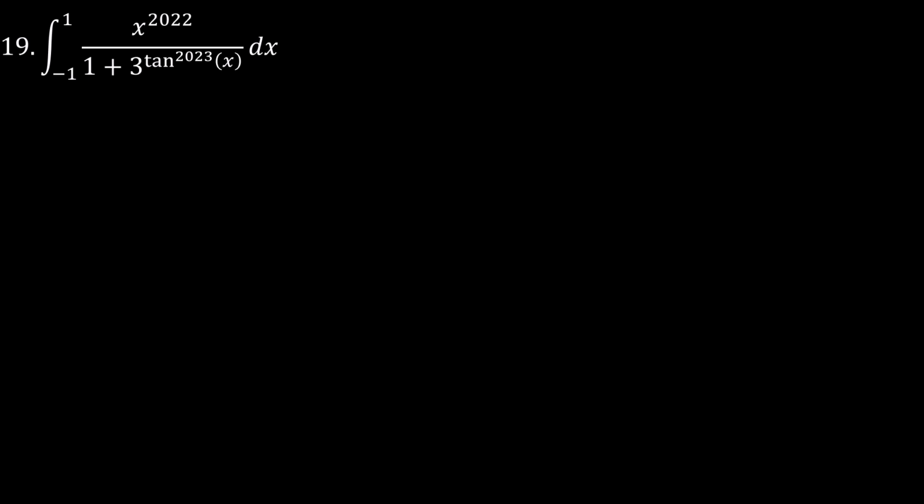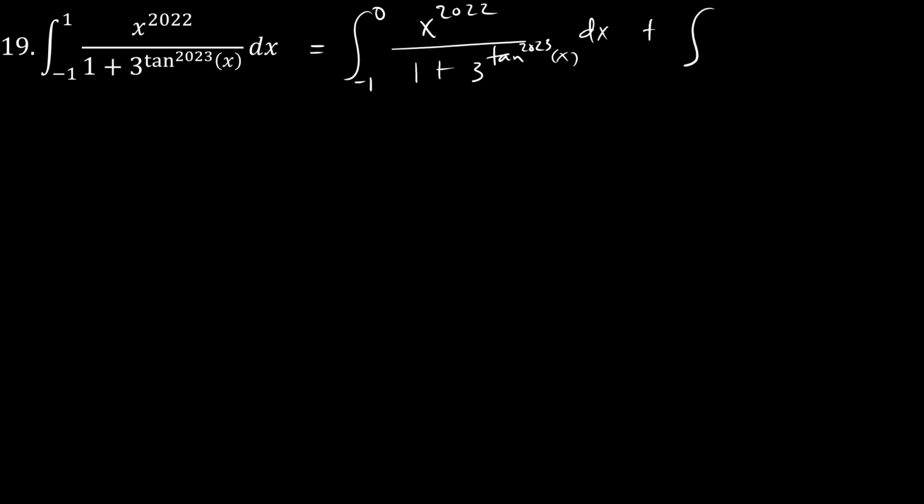So when you have this problem that kind of asks you to figure out the symmetry relationship about 0 of this function, all you'll need to do is split it into 2: from x equals -1 to 0 of x to the power 2022 over 1 plus 3 to the power tan to the power 2023 of x, plus from 0 to 1 of x to the power 2022 over 1 plus 3 to the power tangent to the power 2023 of x.